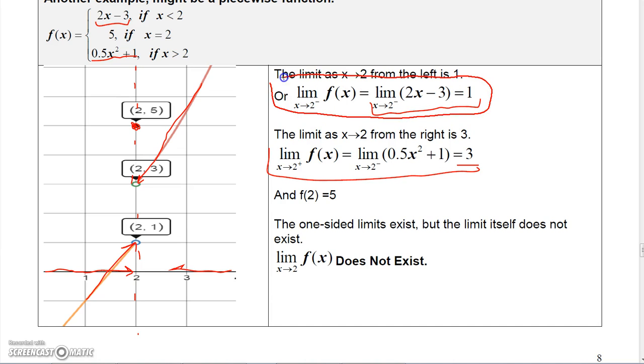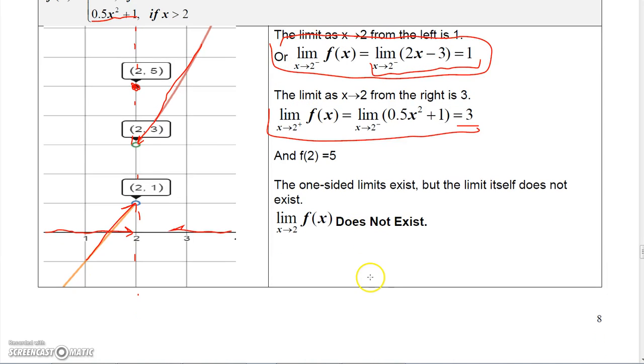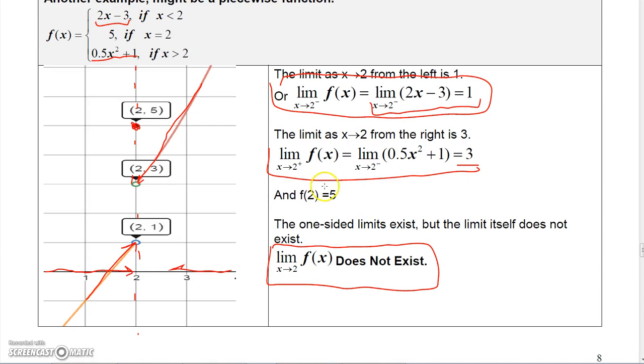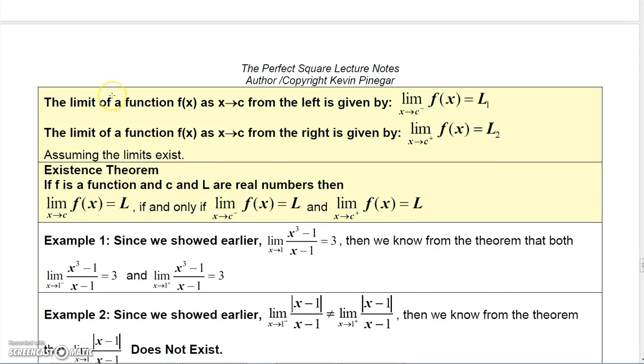Well, since the right-hand limit and the left-hand limit are not the same number, then we say the limit itself, or if you prefer the two-sided limit, does not exist. Okay? Notice that the functional value is 5. Not that that really affects the limit, but the limit does not exist because the left-hand limit and the right-hand limit are different values.